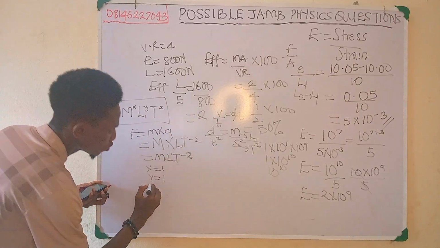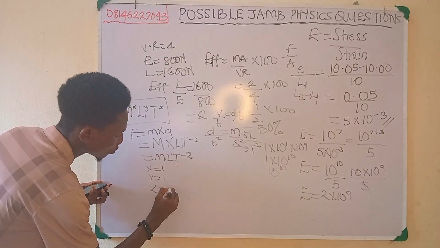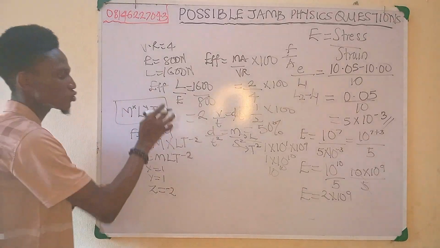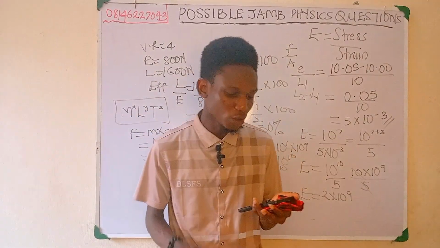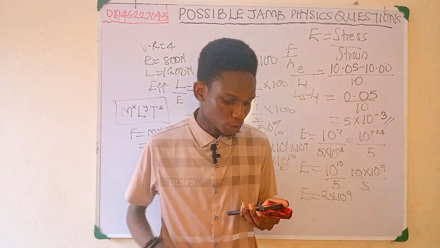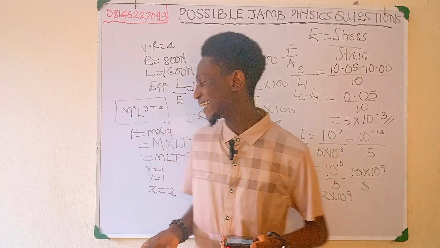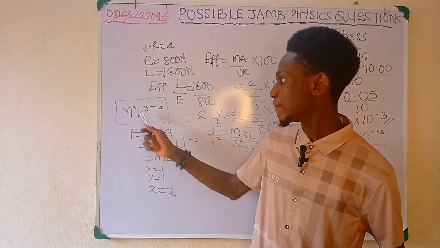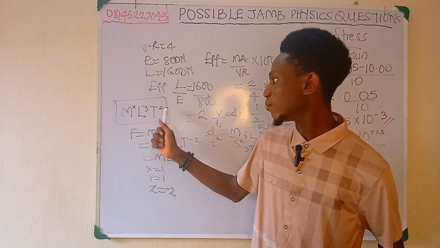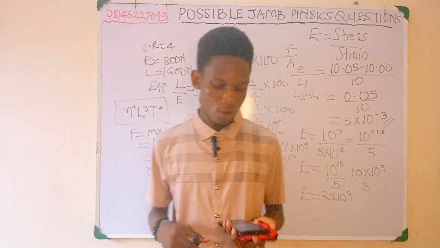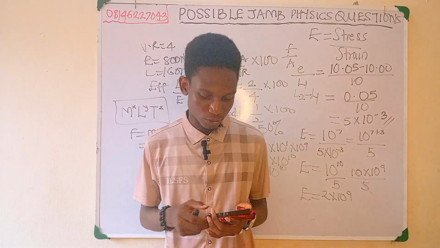Then z is minus 2, because T is raised to the power minus 2, T raised to the power z. So we have 1, 1, and minus 2. Please always look at the options very well. So option B is correct in that scenario, because we have M1, L1, T minus 2. Hope you get that. Option B is the correct option.